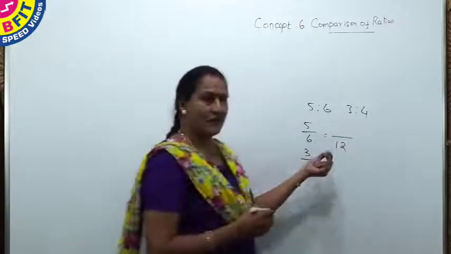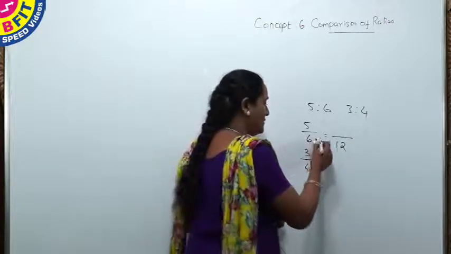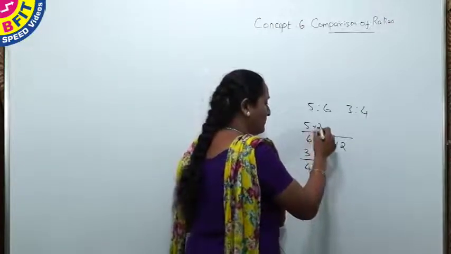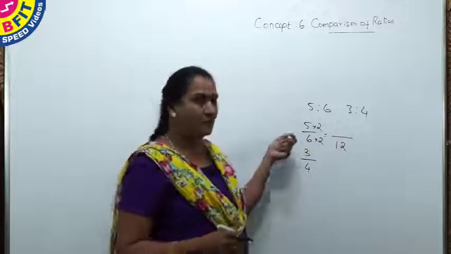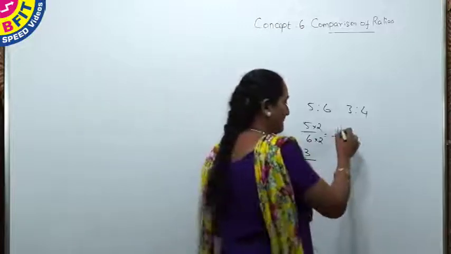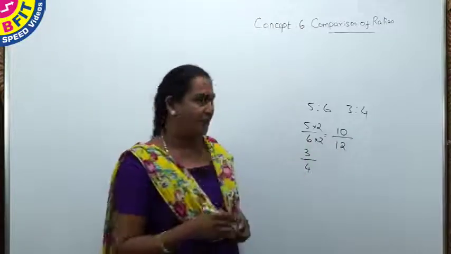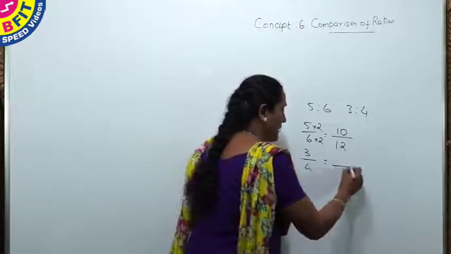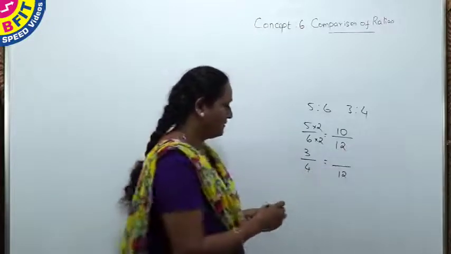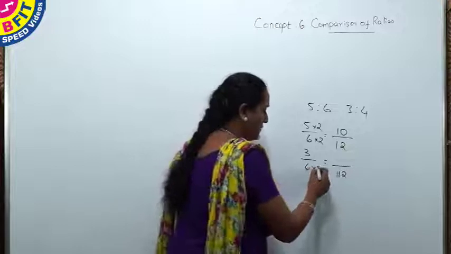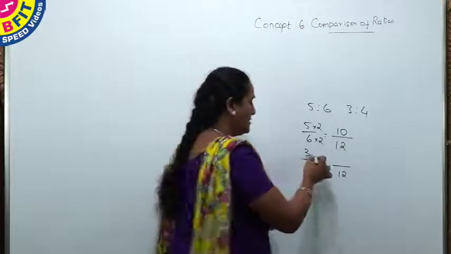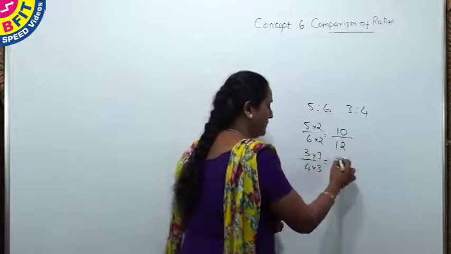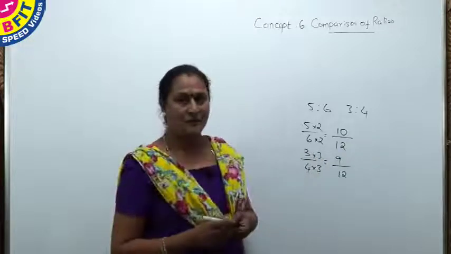So this 12 is got by multiplying the 6 with 2. The same number multiply with the numerator also. You get 10/12. And to get this LCM 12, we multiply 3 with this 4. So multiply the same 3 with the numerator. You get 9/12.